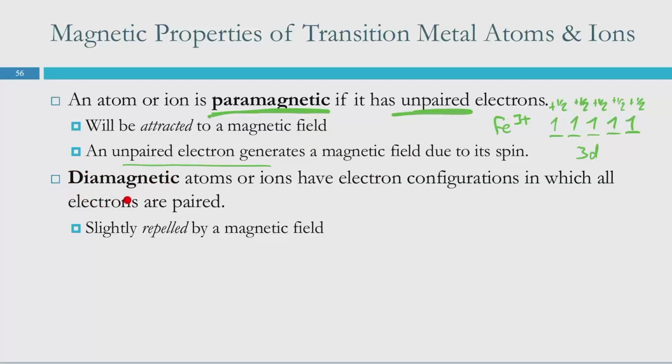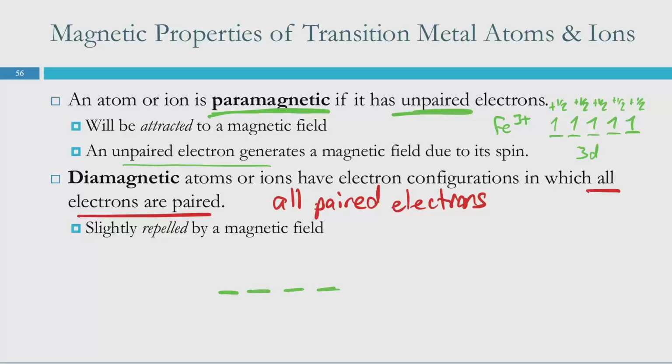In diamagnetic atoms or ions, all of the electrons are paired. So something maybe with a full D shell. And since we've got upspin and downspin together, we've got our plus 1/2 and our minus 1/2.